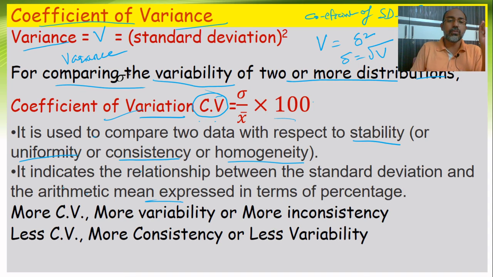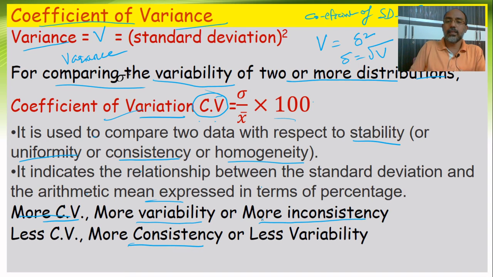So how do you comment on the result? The more the CV, the more the variability, or more inconsistency. If the value of the CV is more compared to another group, the data is found to be inconsistent. Vice versa, less CV means more consistency.